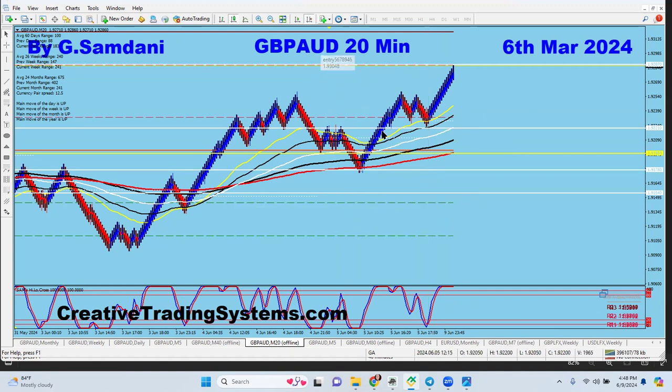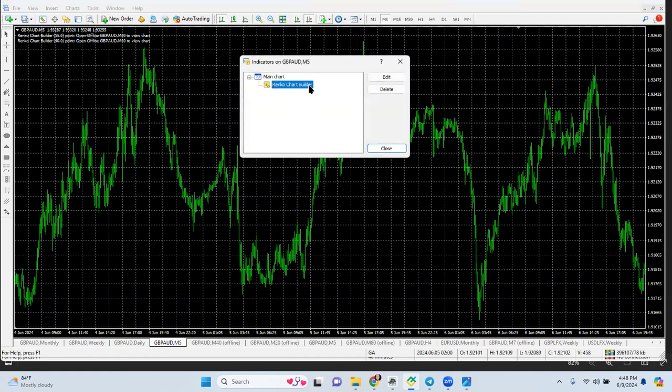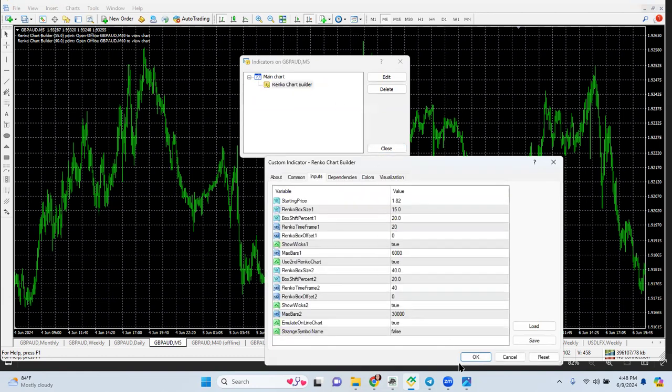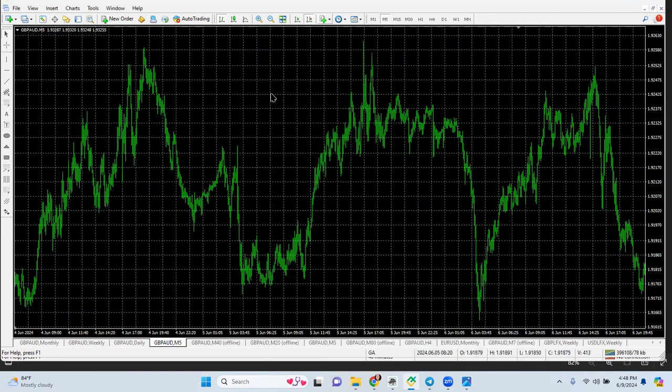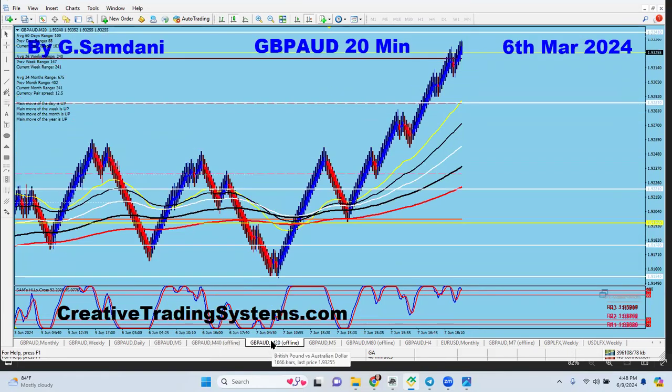Aussie getting weaker? Yes, then Euro Aussie, Pound Aussie will go up, so look for the entries. Right now it's extended. I didn't refresh it, but let me show you if there is a difference in the 20-minute chart when you refresh. Definitely. So the 40-minute chart is the same, but the 20, see that?